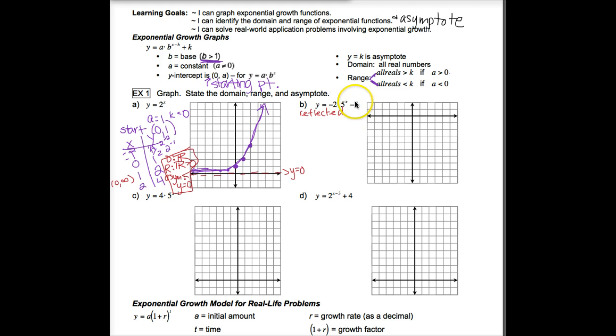This -1 means it's going to have a shift down 1. So normally your y-intercept is going to be your a value here. So at 0, -2 is where we would think it would be, but because we have a vertical shift, instead of 0, -2, it's going to start 0, -3. So that's going to be my starting point.